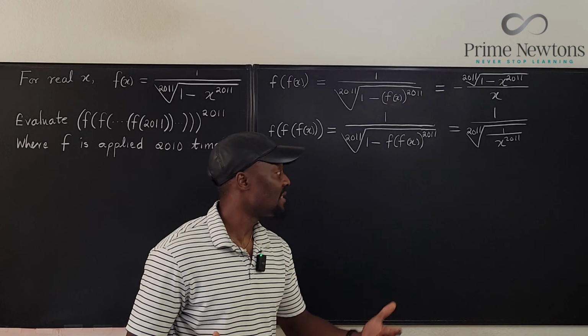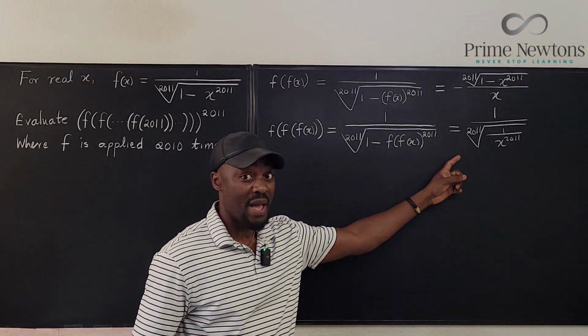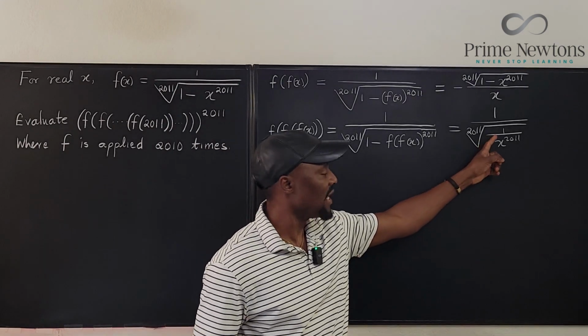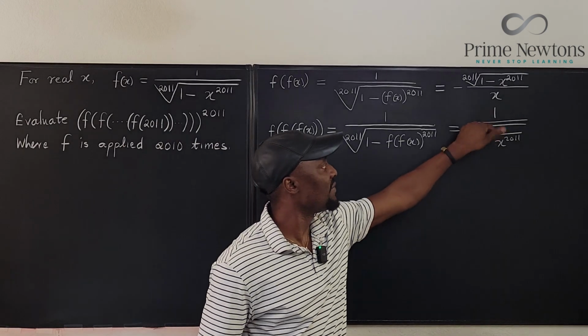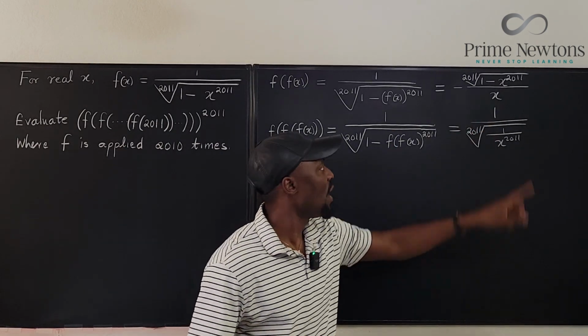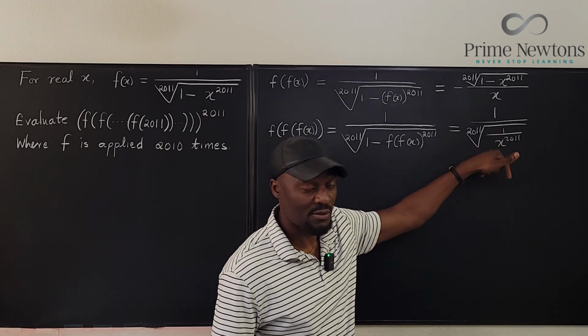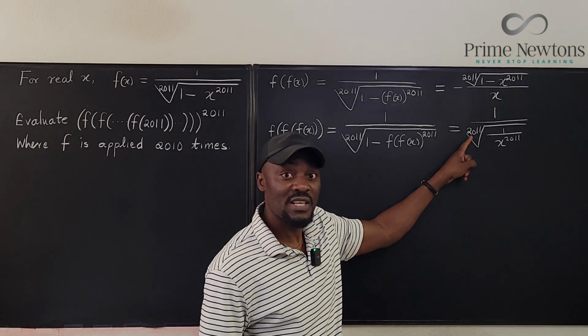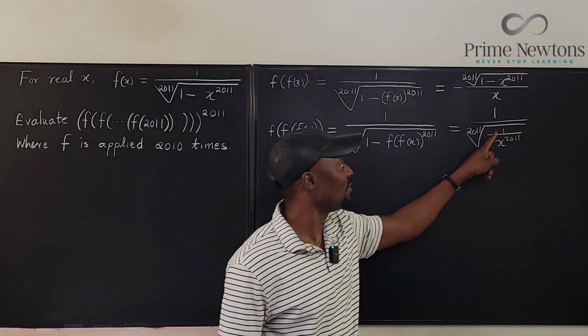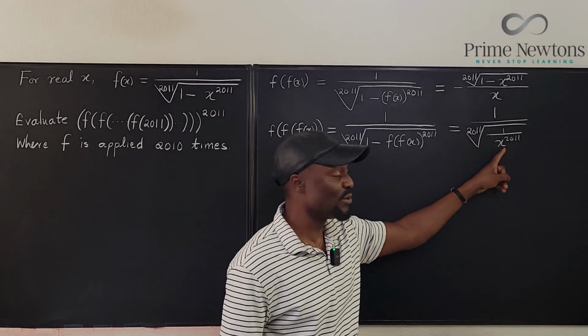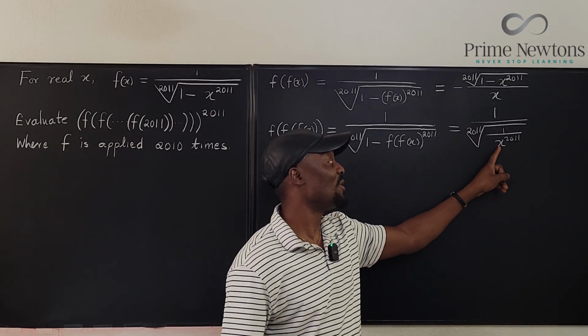So what happens next? Remember what I said. Well, we can take the root of these, or we can flip what is inside, whatever you want to do first. You can get rid of this one because you can find the reciprocal of what's under the radical. And the 2011th root of 1 is 1. The 2011th root of x to the 2011 is going to be just x.